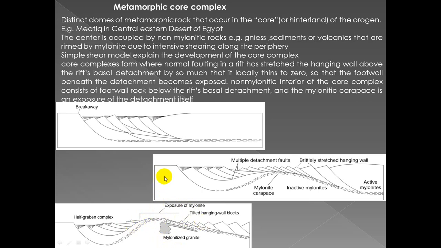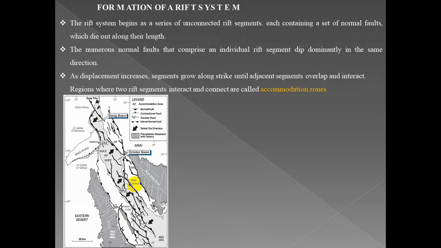It's not necessary to understand this at this level of education, but maybe later. But we have to know that with continuous extension, some parts deep inside the crust or even mantle can be exposed due to continuous stretching and thinning of the crust. Okay.